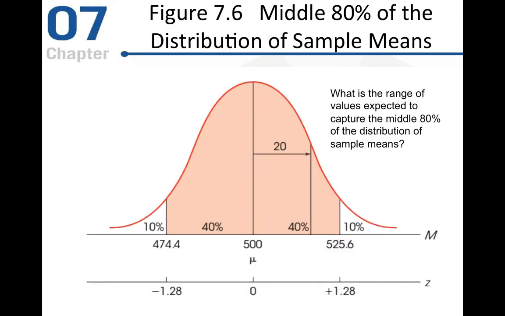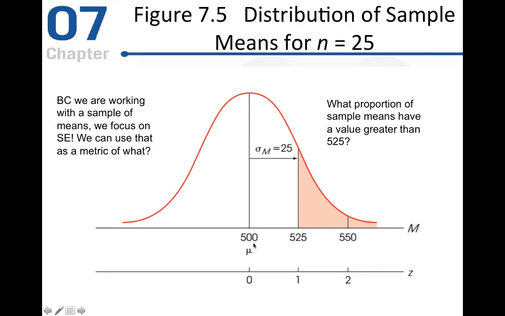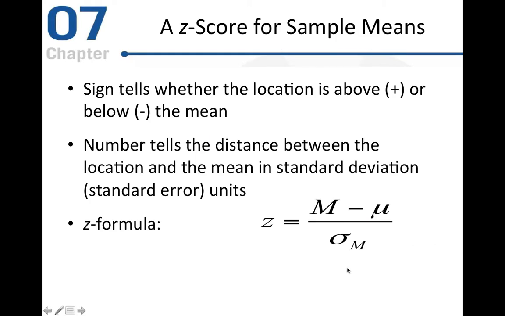So at this stage, what we're saying is, what is 1.28 z-scores above 500 if we know the standard error of the distribution? Well, you can basically use this information to back calculate with this formula. You've done this before with individual scores.